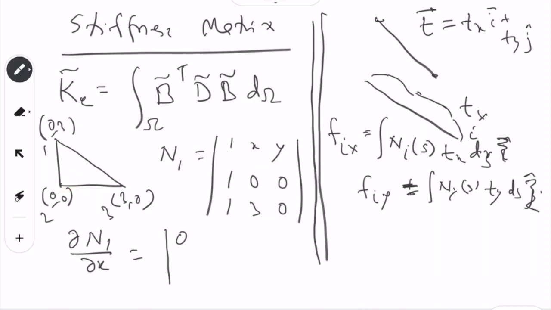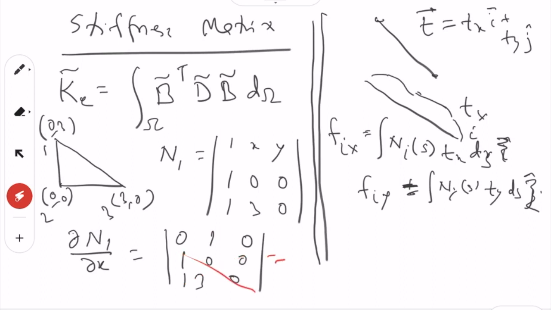So, 0 1 0, 1 0 0, 1 3 0, and that means if we see here this one, 1 multiplied by 0 multiplied by 0 equal to 0. So, del n1 over del x, we get equal to 0. Okay.